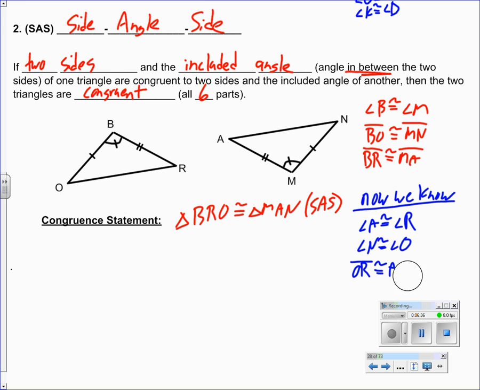We're using the correct order, side NA. So once we use one of these shortcuts, we check three pieces, we see the triangles are congruent. That means the remaining three pieces of the triangle are also congruent because the whole triangles are congruent.